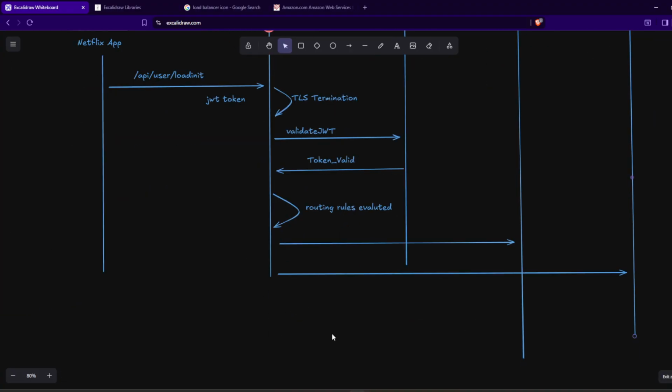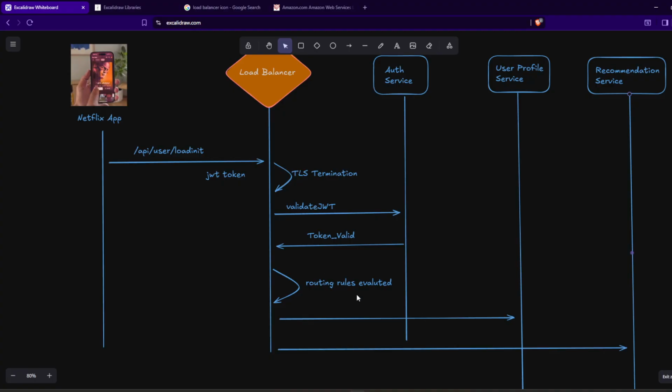So from the load balancer, after this token validation request, there is a /user/profile and a /recommendation call. Just to clarify, the load init has these two calls inside, which the load balancer can understand, and it routes these two.